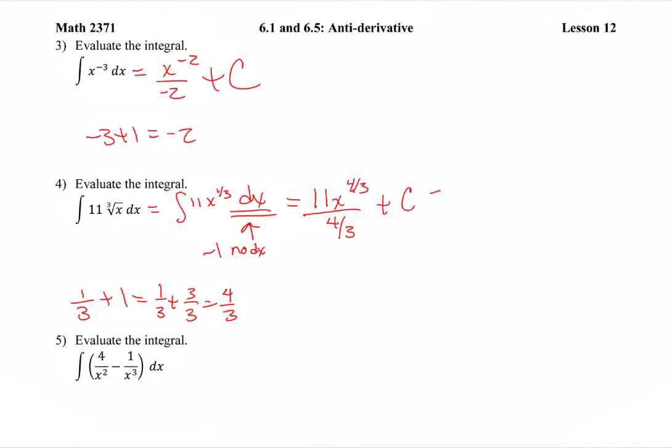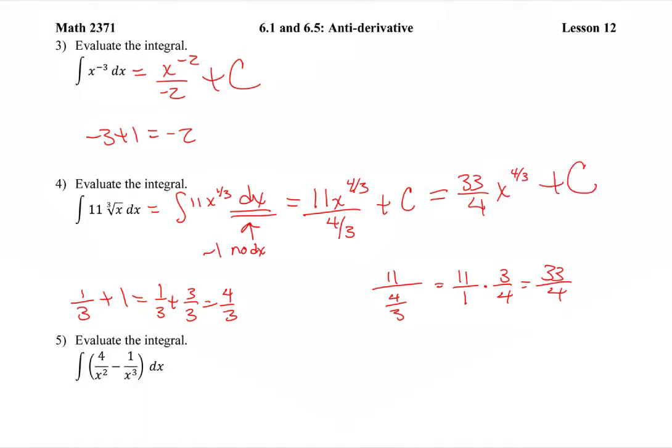Guess what? You have to simplify this. So what is 11 over 4/3? Well, that's 11 over 1 times 3 over 4. So that's 33/4. So this is 33/4 x to the 4/3 plus c.